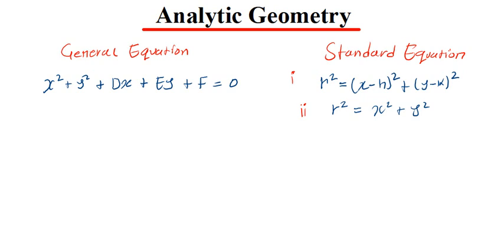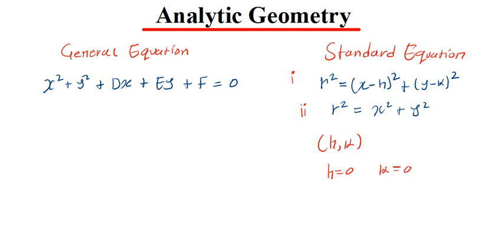Equation 1 can either be at the origin or at any other point, then equation 2 can only be at the origin. What do we mean? Here the h and k is simply h comma k. So if the circle is centered at the origin, meaning if the center is at the origin, your h is equal to 0, and your k is equal to 0.